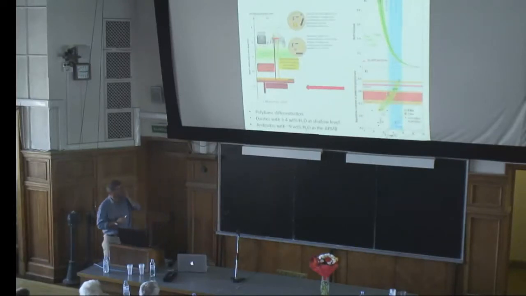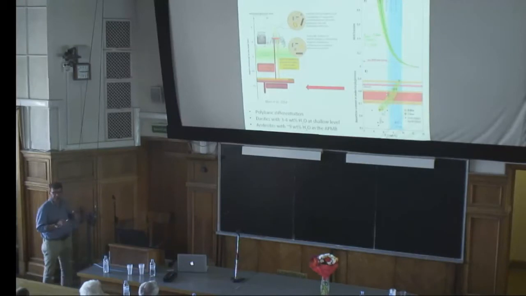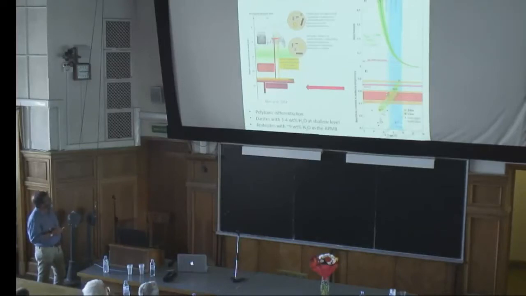We have an image then of the magmatic system, and this is from a paper of Duncan's. This is the shallow storage region where the magma last equilibrated.